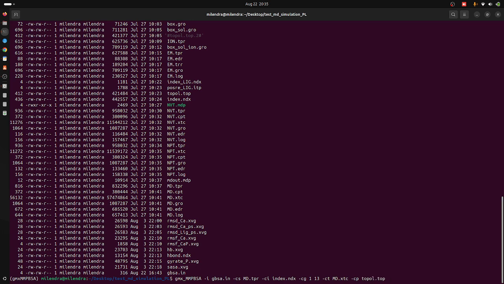So this is the command, right? These are the input flags, this is the input flag, this is the file.